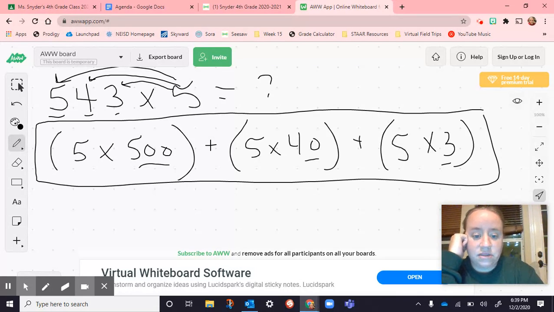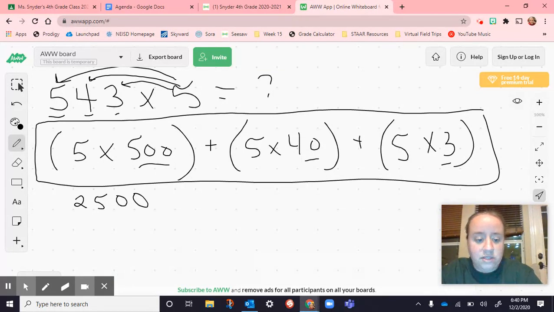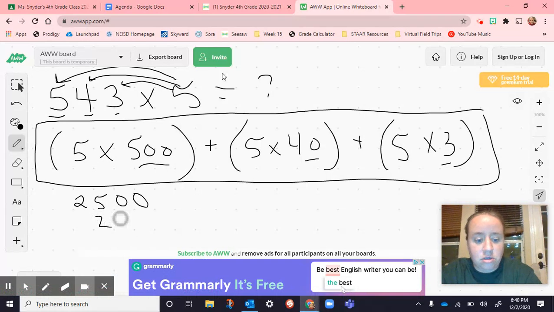If you want to get the actual answer, then you need to take it a step further, or two steps further, and we need to actually multiply this out. So here, 5 times 500, I know that 5 times 5 is 25, and then with the 2 zeros, and then we have 5 times 4, which is 20, with 1 zero for 200.